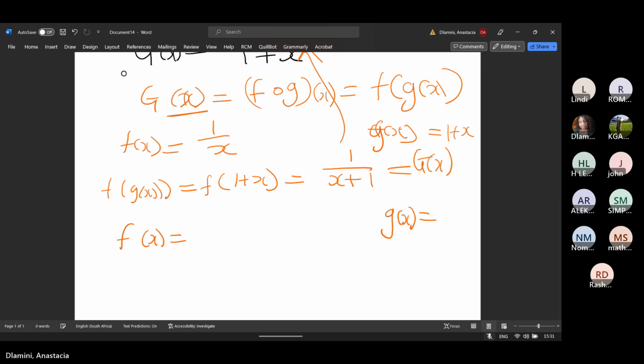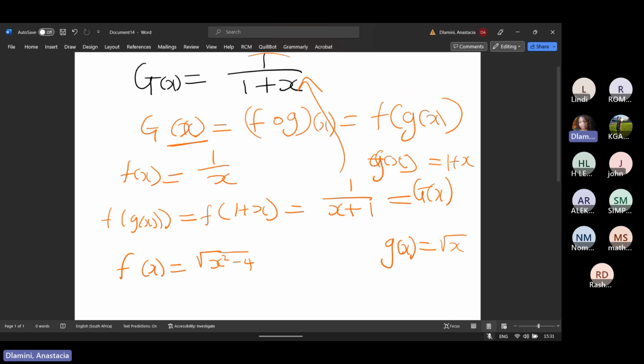f of x equals square root of x squared minus 4. Yeah. And then g of x? g of x equals square root of x. So if you substitute these functions, will they give you 1 over 1 plus x if you do a composite of those two functions, f and g?